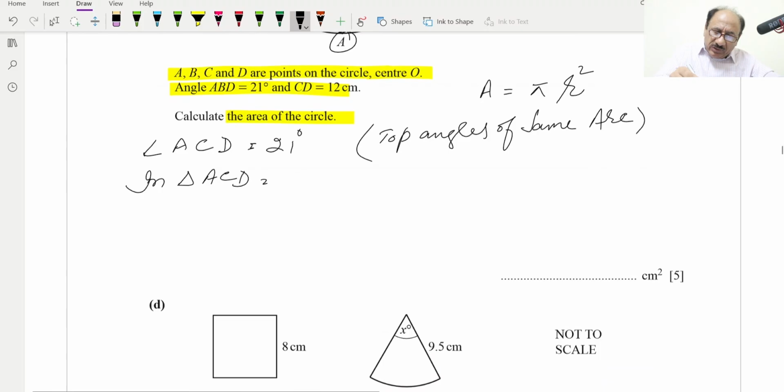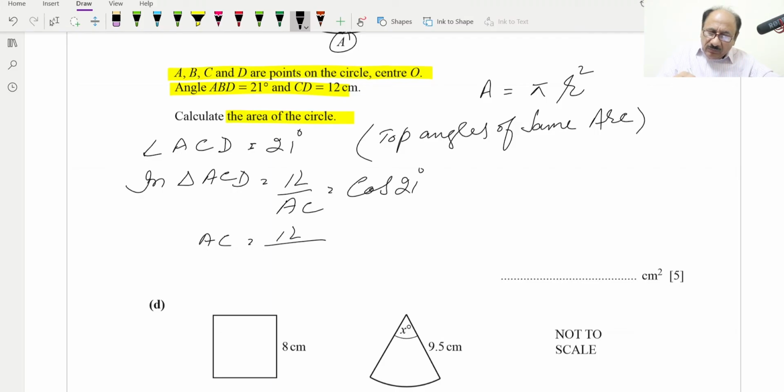So 12 over AC will be equal to cos of 21 degrees, and AC is equal to 12 divided by cos of 21 degrees.